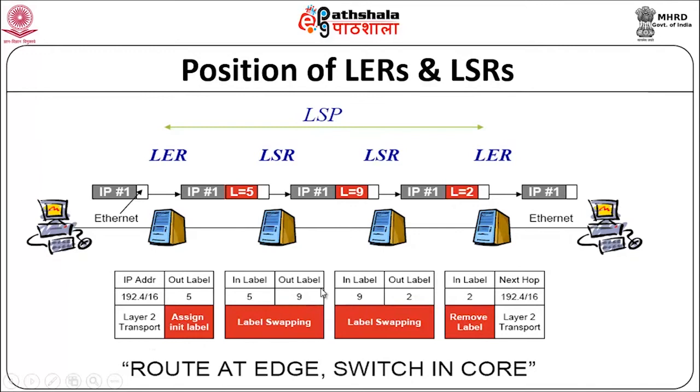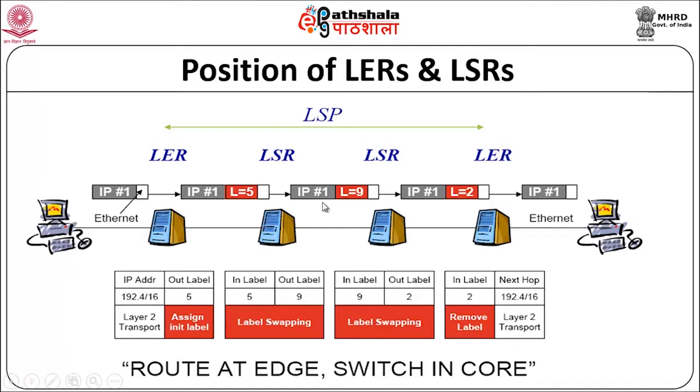So you can see exactly what will happen over here. An IP packet comes in from the Ethernet. This is the Ethernet header, this is your IP header. Now at the LER, between the Ethernet header and the IP header, a label is inserted, let's say L equal to 5. How is the label 5 inserted? That is done by looking at the forwarding table, where you have the IP address and the out label specified.